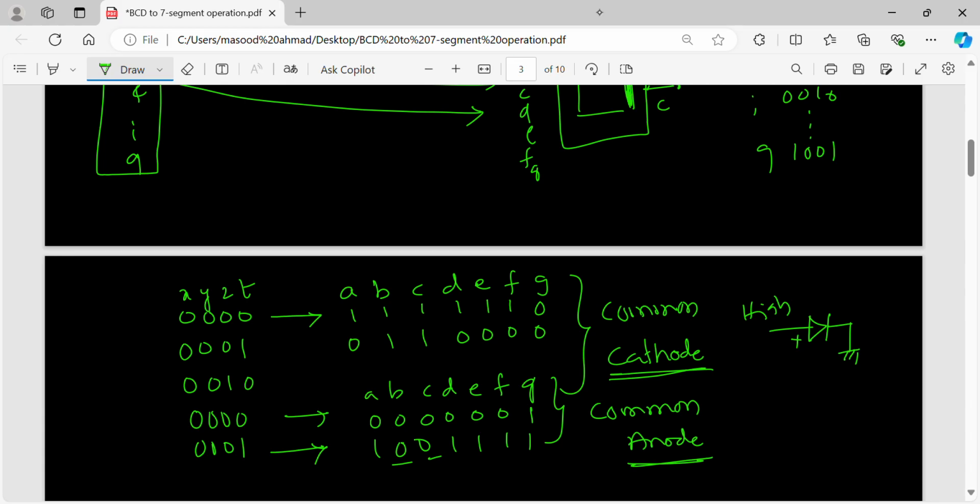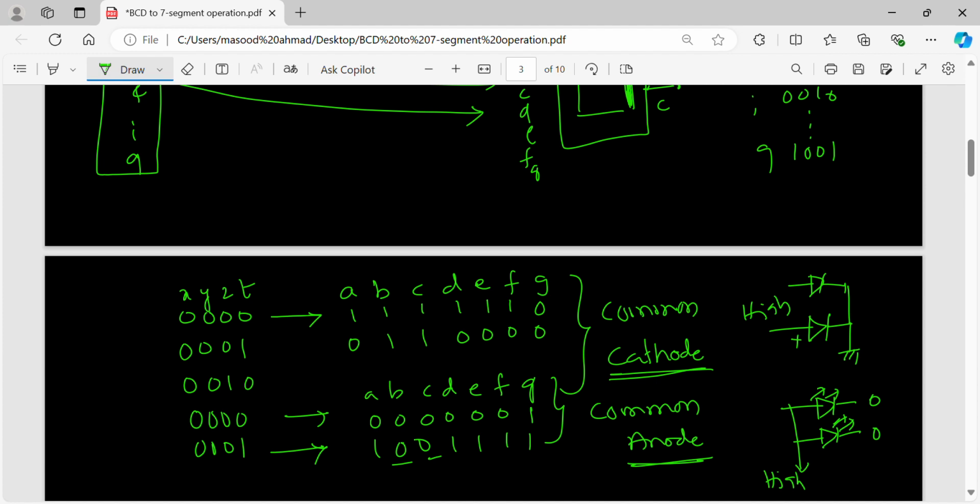Common cathode, all cathodes are connected together and connected to ground. Common anode means all anodes of A, B, C, D, E, F, G are connected together and connected to high. I have only the option to connect to 0. Then only it is going to be forward biased and emit the light.